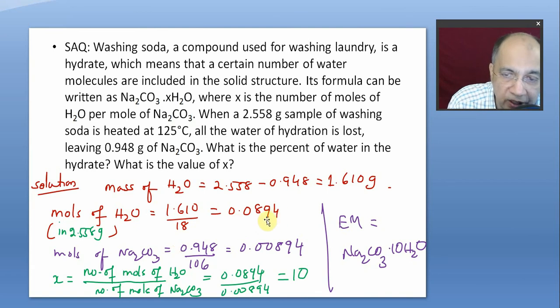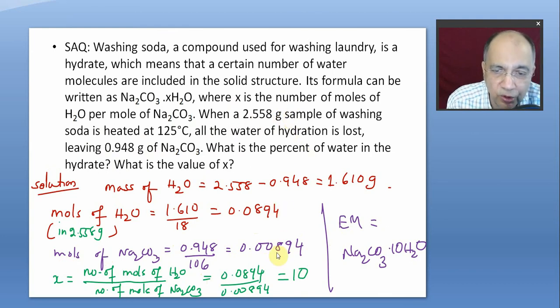So 0.0894 moles of water present in 2.558 gram of the sample. And the anhydrous sodium carbonate is 0.948 divided by its molecular mass. That will give you the number of moles of sodium carbonate present in this amount of this hydrated sample.